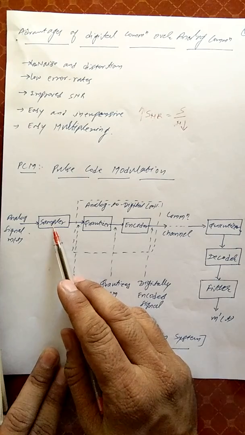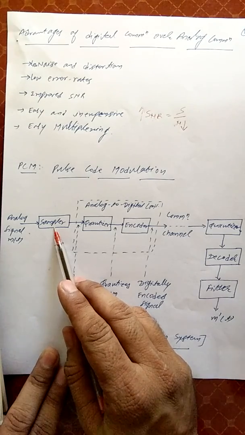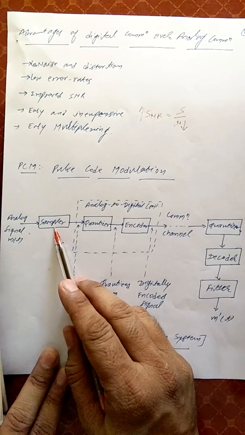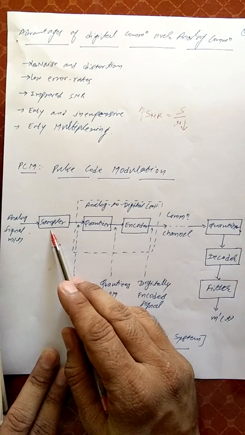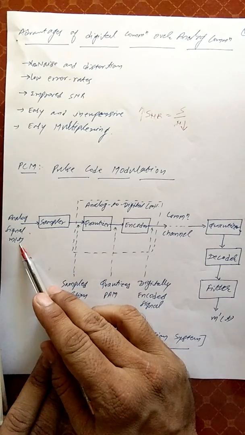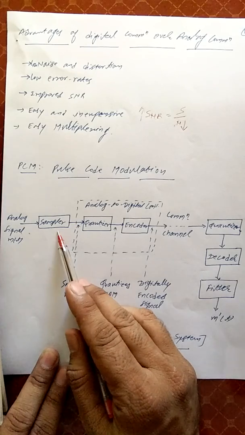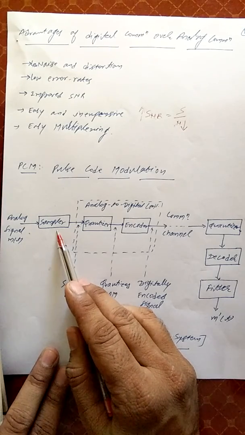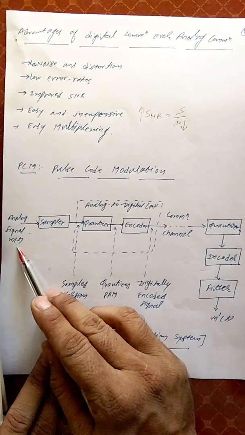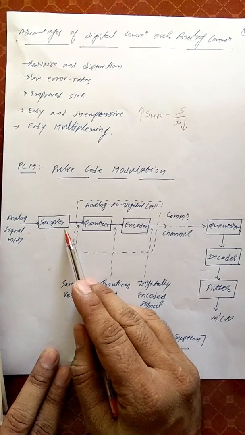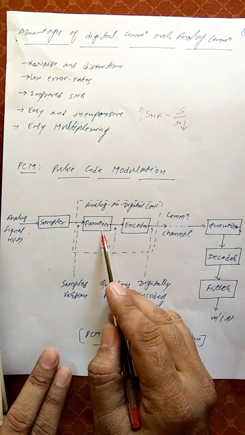The first section is the sampler. As we studied earlier, the sampler provides the discrete form of the continuous time signal m(t), that is, the sampled version of m(t). The sampled version is given to the quantizer.